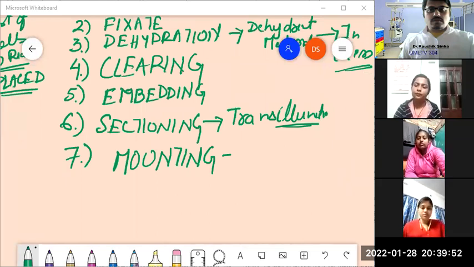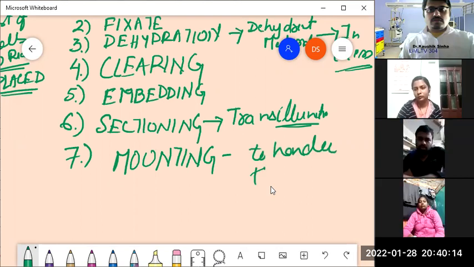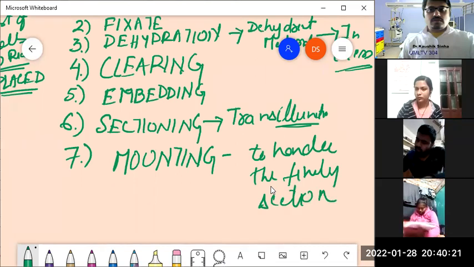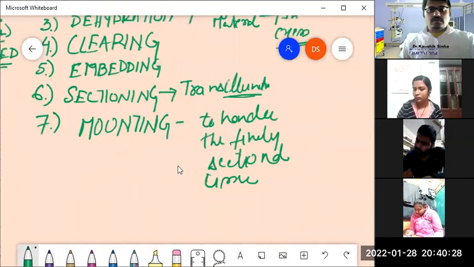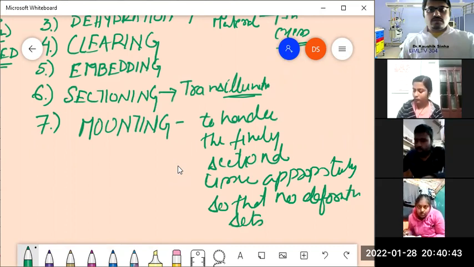So as there is a tendency to have the tissue being deformed, we now need to mount that tissue on a particular material, most commonly a glass slide, which would allow us to handle the finely sectioned tissue appropriately so that no deformation sets in.